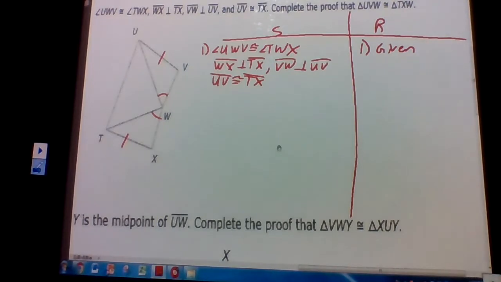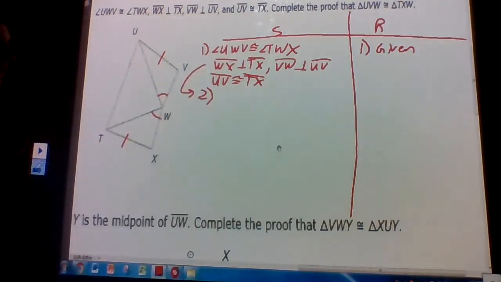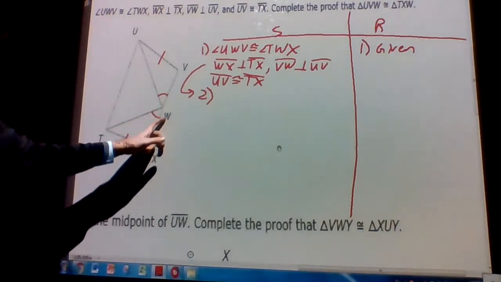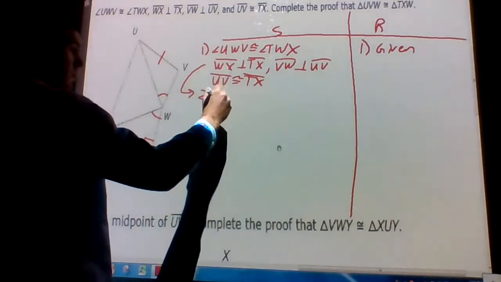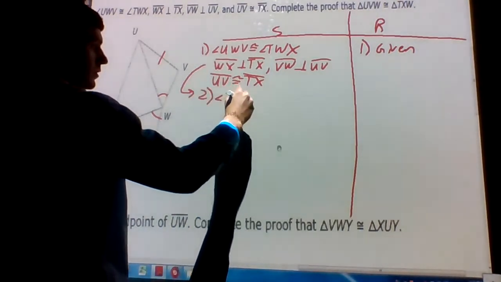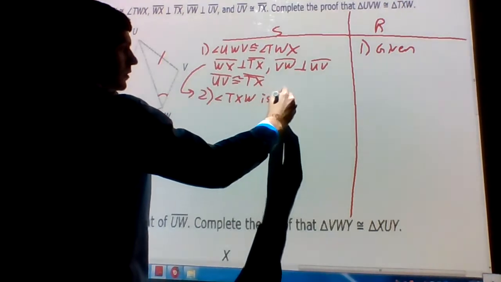We go down our list, we don't have vertical angles, we don't have shared sides, we don't have a midpoint, we don't have a bisector, we don't have parallel lines, but we do have perpendicular lines. So what do perpendicular lines do? They tell us we have right angles. So WX is perpendicular to TX, that tells us angle TXW is a right angle.